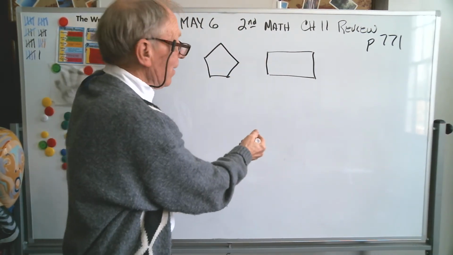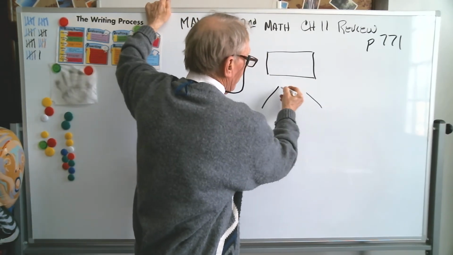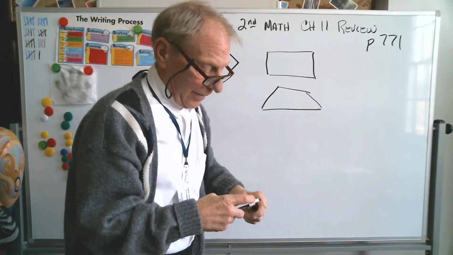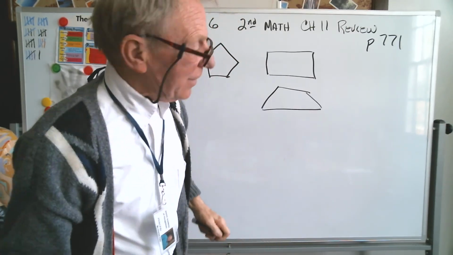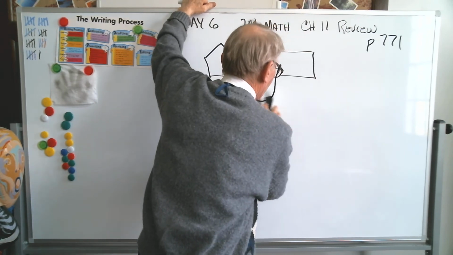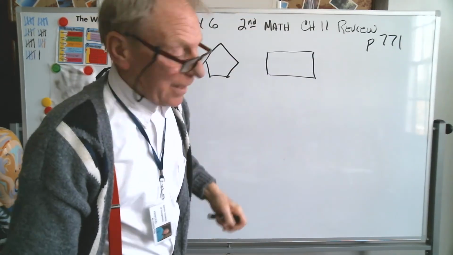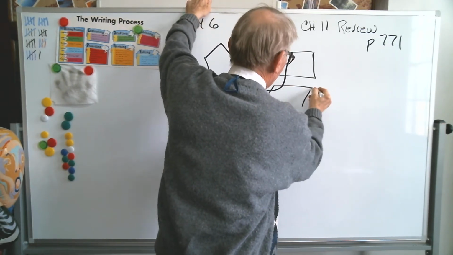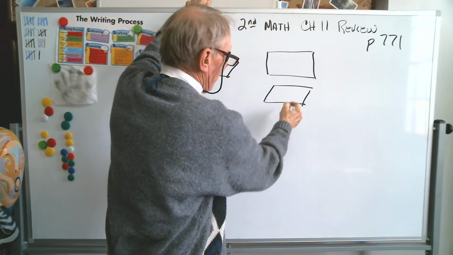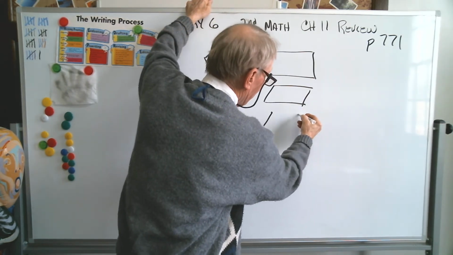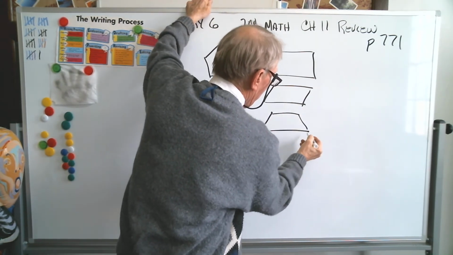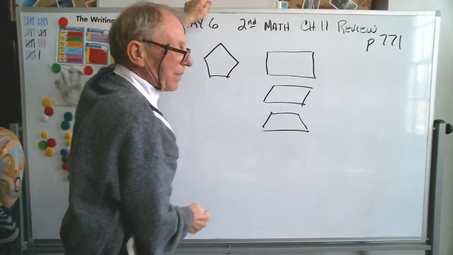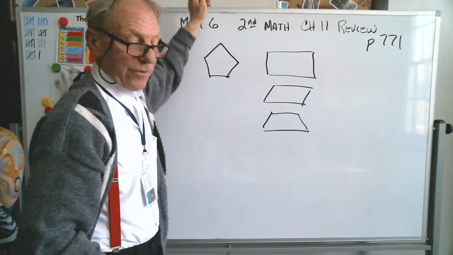Now it can be a rectangle, it can be a parallelogram where the sides are parallel, or it can be a trapezoid where only one set of sides are parallel, the other 2 go in different directions.